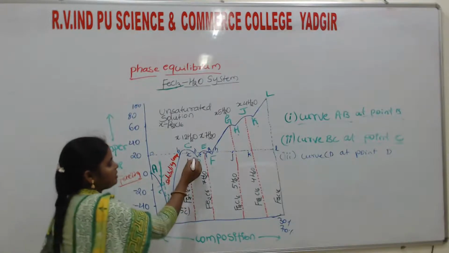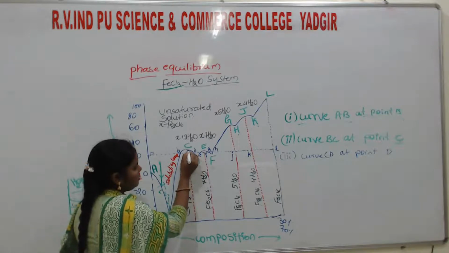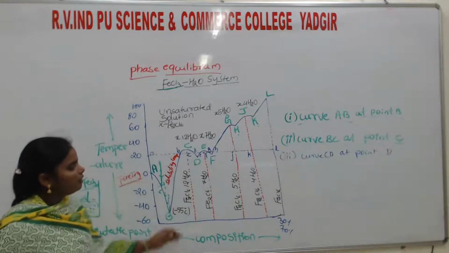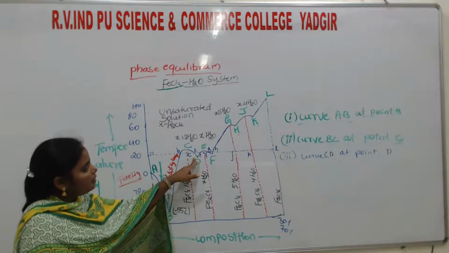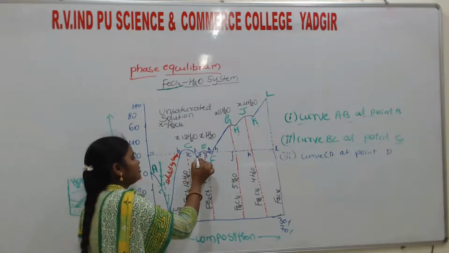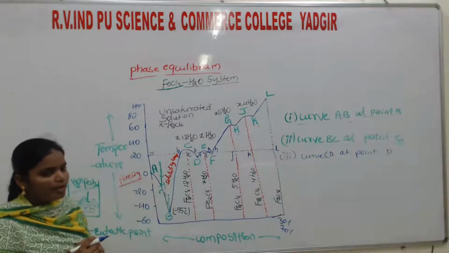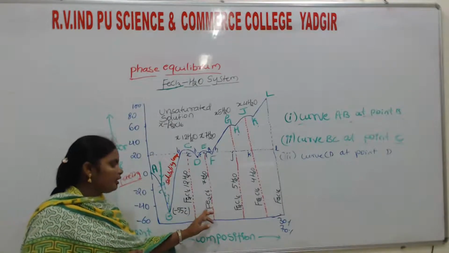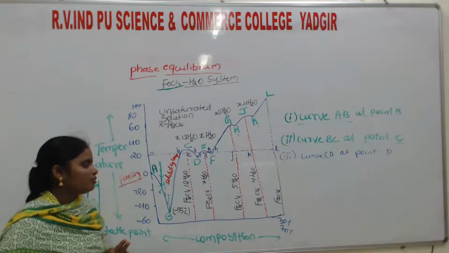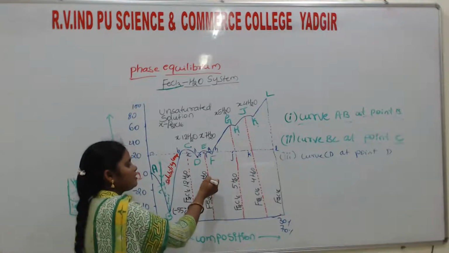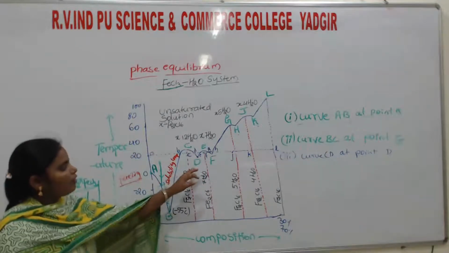This lowers the melting point. At this point, this is a eutectic point. Another new solid compound is formed here. This is Fe2Cl6 7H2O. The ferric chloride heptahydrate is formed here.